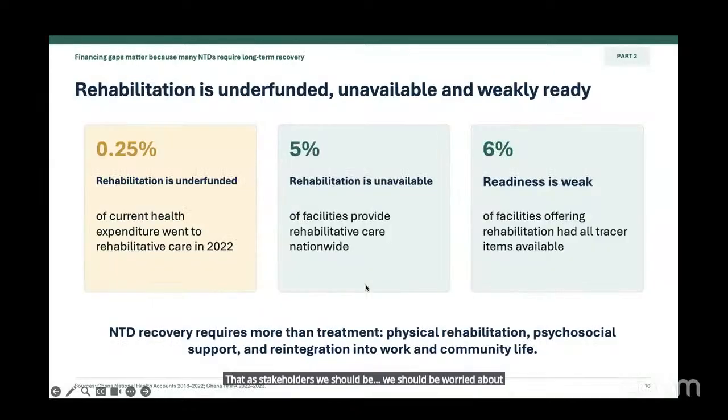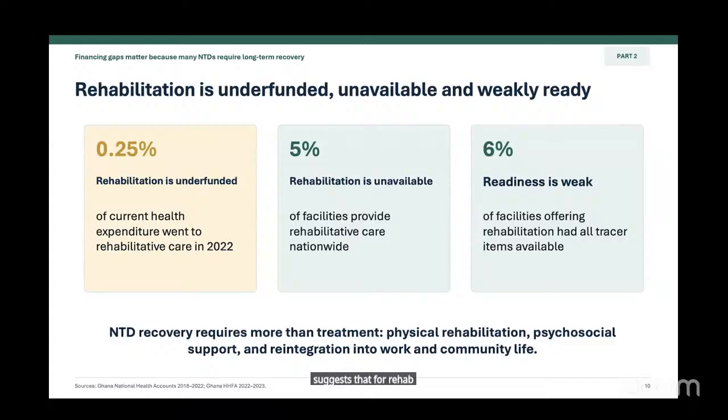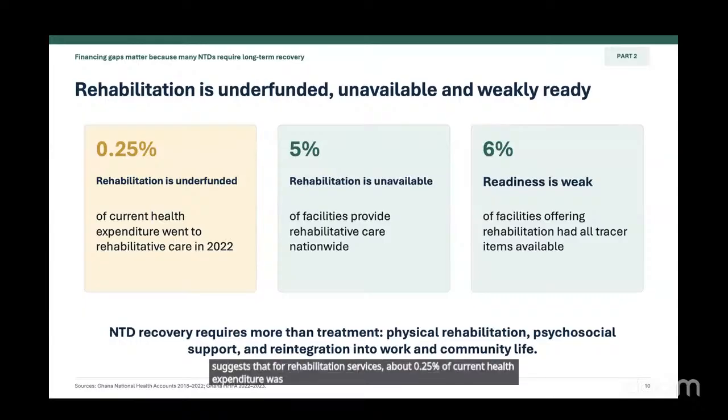And then when you think about financing and further service availability, rehabilitation is central to a lot of the NTD conditions that we are discussing this morning. The National Health Accounts of 2022 suggests that for rehabilitation services, about 0.25% of current health expenditure was spent on rehabilitation services.